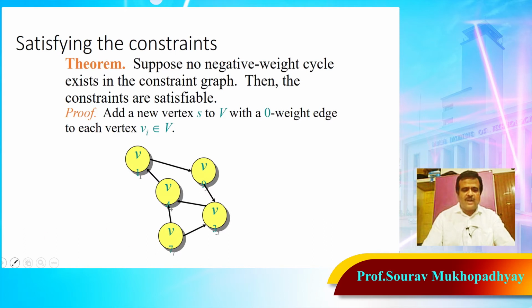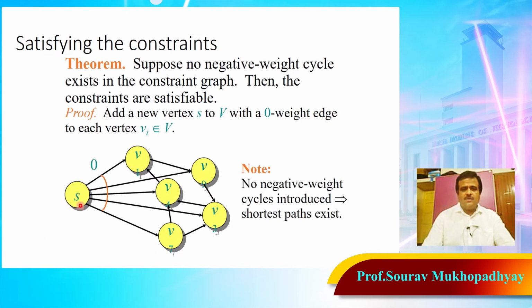Now, we add a new vertex S in this graph, and we introduce new edges connected from this vertex to all the vertices in the original graph. So, V1, V2 like this. These are all the edges we are introducing, and the weight of each of these edges we are putting to 0.